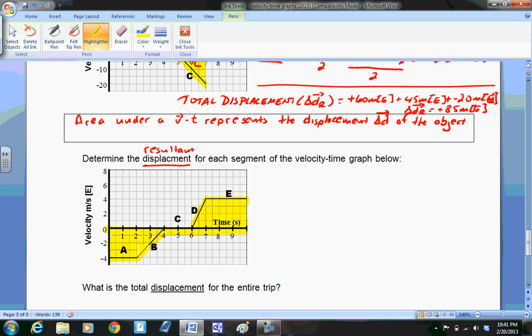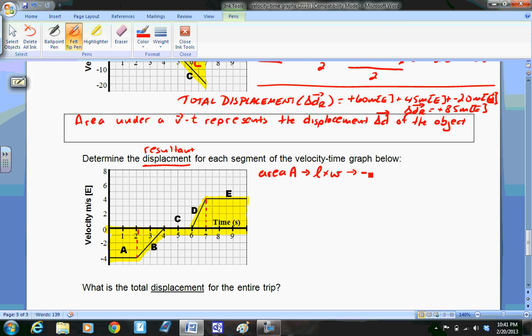So again, just like before, we're going to break this graph into different sections to make it a little bit easier, and find the area of each individual section. So let's look at area A. Area A is a rectangle, so we're using the length times width formula. Length will be our height here.